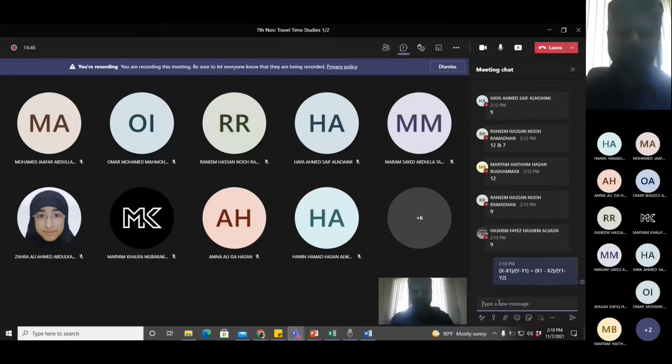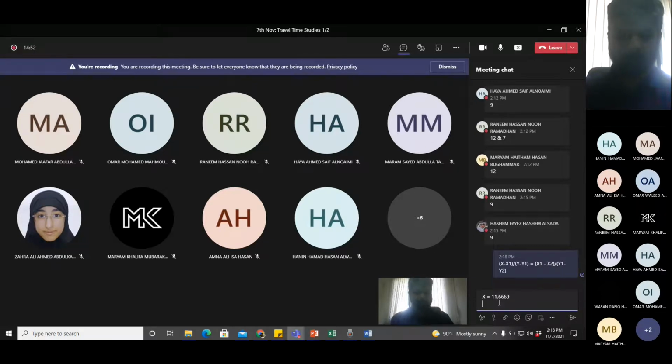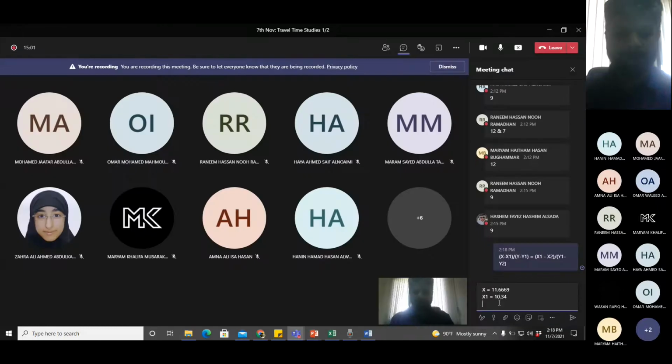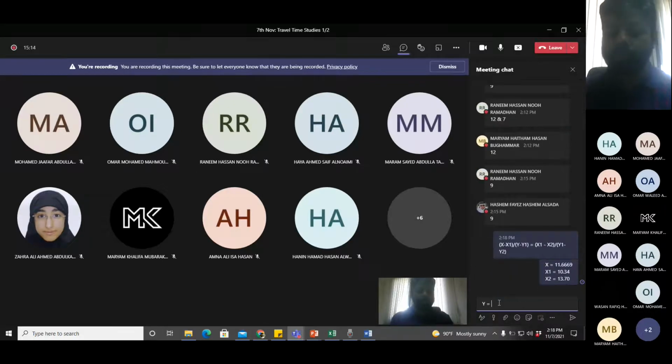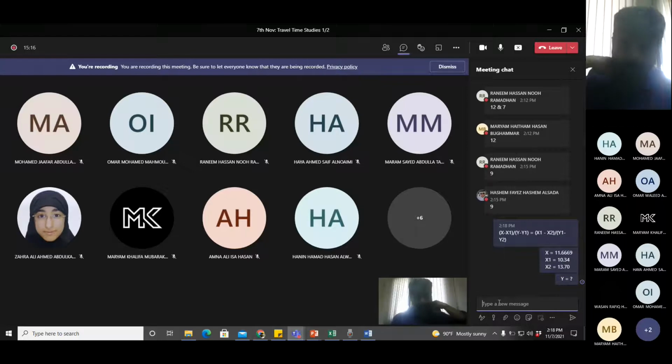So x is the chi-square value which I have, 11.6669. x1 is the chi-square value before that, which is 10.34. x2 is the chi-square value after 11.6669, which is 13.70.